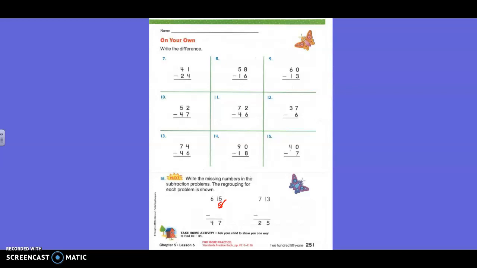And then if it's now 6 on the 10s, what was it before it became 6? Jason? 7. But we're going to cross it out too. Okay. All right. Now, 15 minus what equals 7?